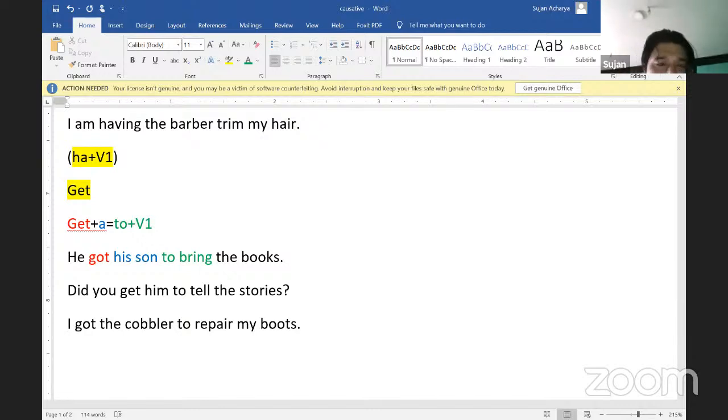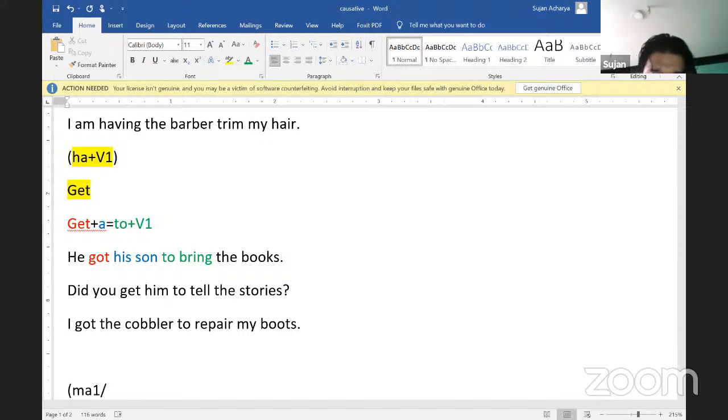Now, what to do if the causative verbs are followed by an object? This is the formula. If let, make, have, get, all the causative verbs are followed by an object, then what to do? Let's sum up in formulas. Followed by agent, MA1, one formula.